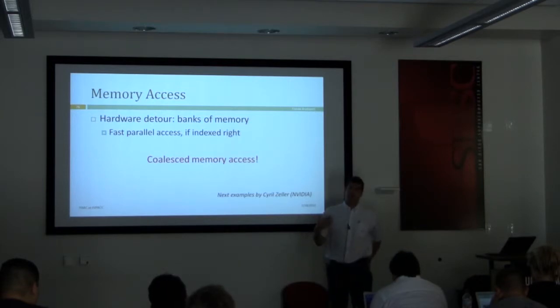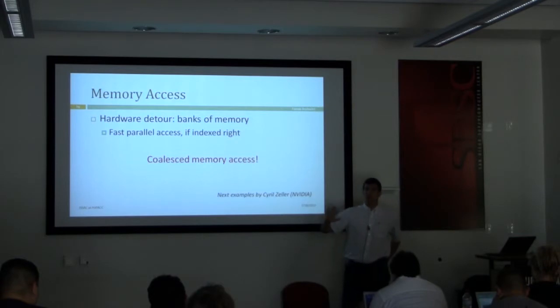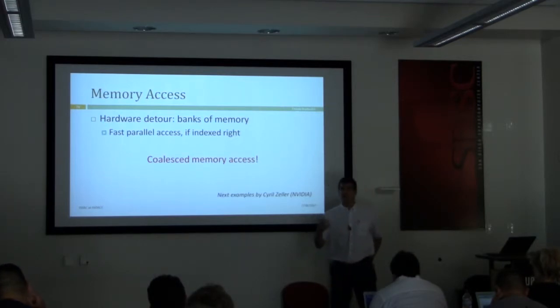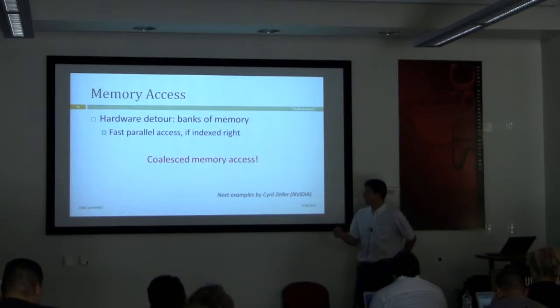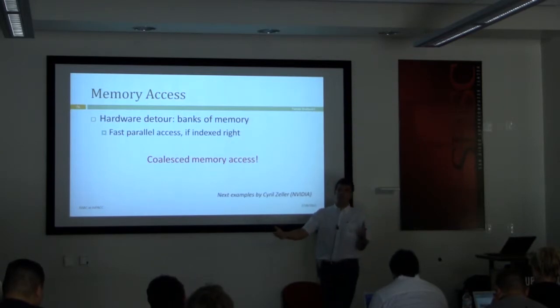Are you running 30% of the threads that are available, or 50% of the threads that are available? If you are in that ballpark, a factor of 2 from optimal, then it's not so bad. Again, remember there are other things that come into play. Memory access is important, right? So shipping data. It's not always worth trying to go for 100% occupancy, because maybe it comes at a cost.